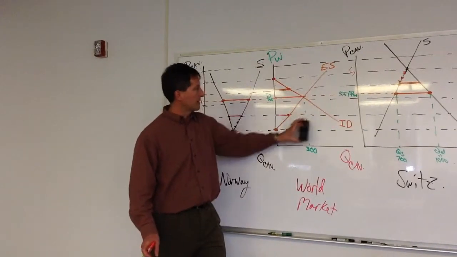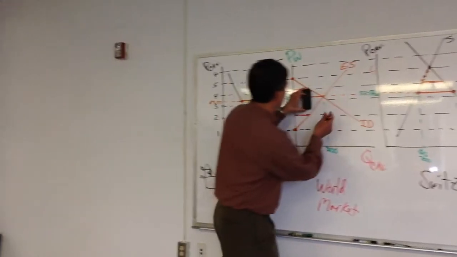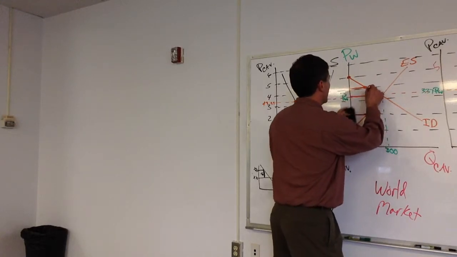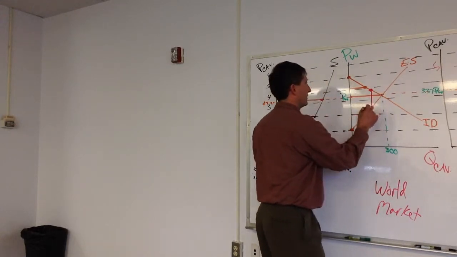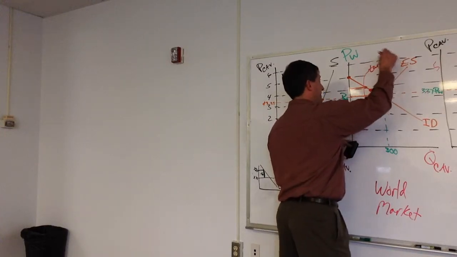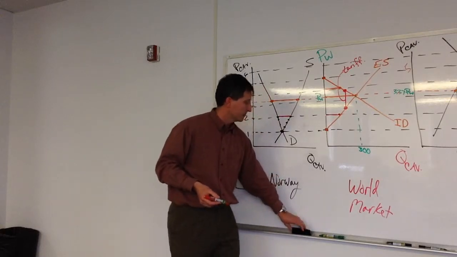If we impose a tariff in here and we do the wedge thing, where the height of the wedge represents the amount of the tariff, so this is the tax of the tariff. A tariff is just a specialized form of a tax, but it's on imports.